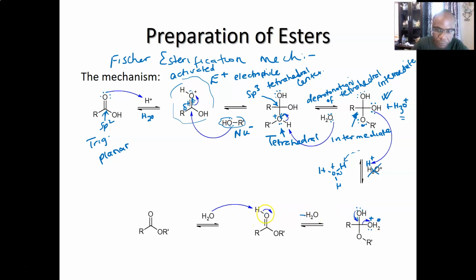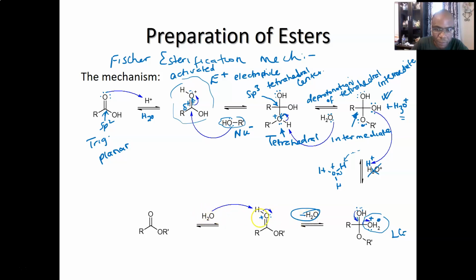Doing so, you're left with one lone pair on the oxygen and a plus charge. This part is lost as water. I keep saying organic molecules don't like being charged.